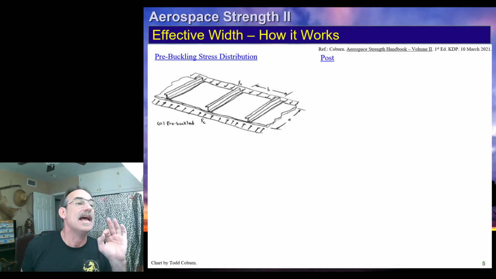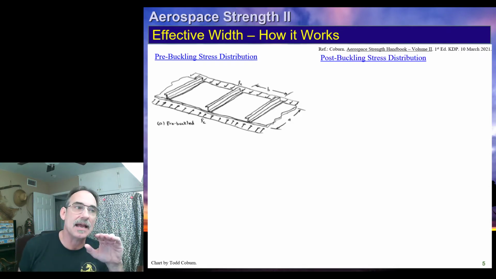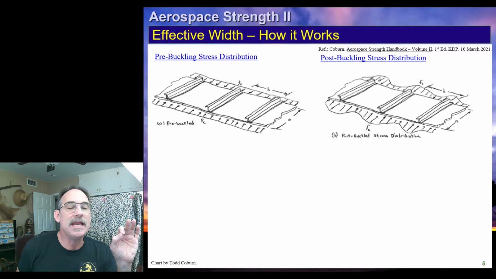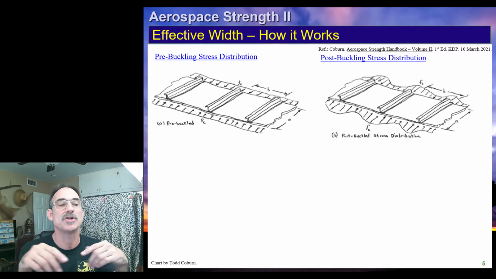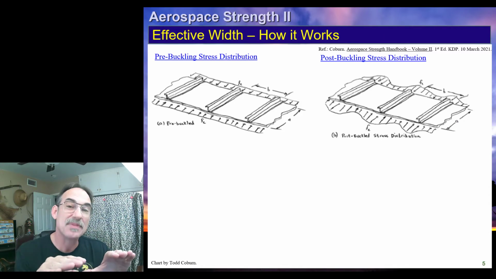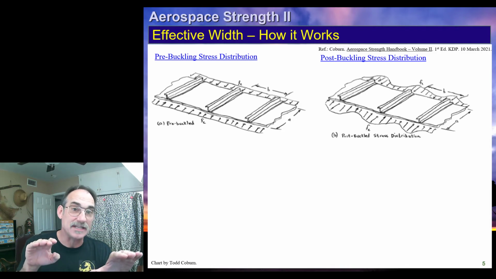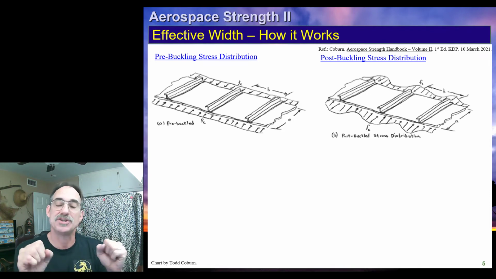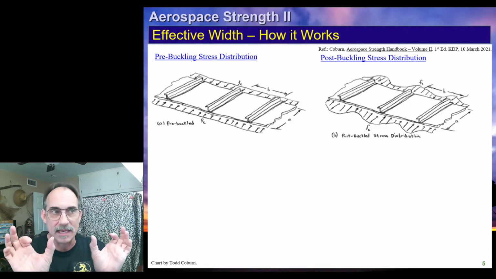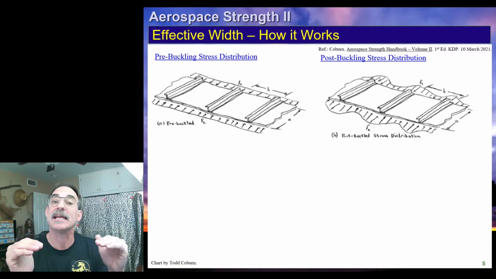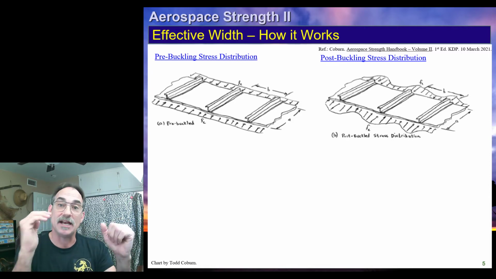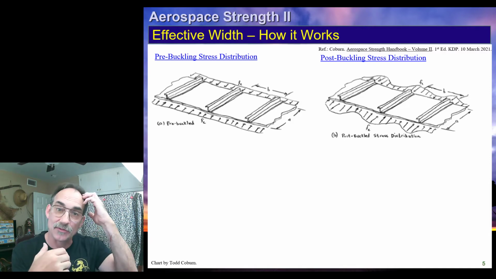And so as the stress climbs, the skin between the bays or between the stringers will tend to pick up less and less of the increasing load, while the skin near the stringers will tend to continue to climb in increasing load, which means increasing stress.